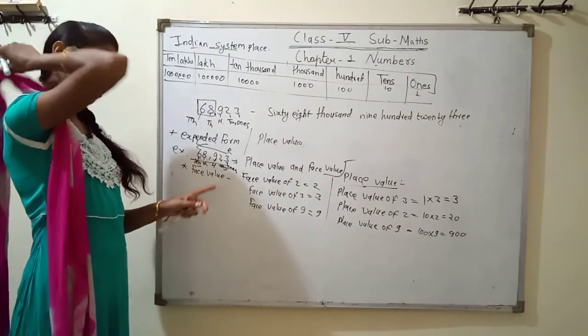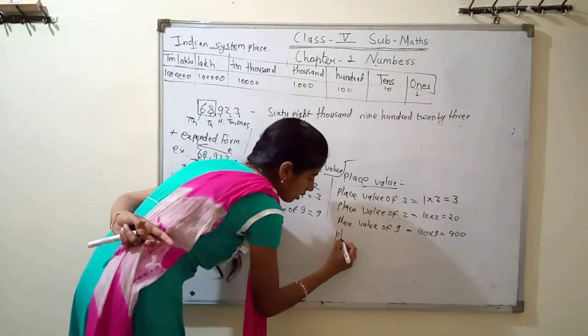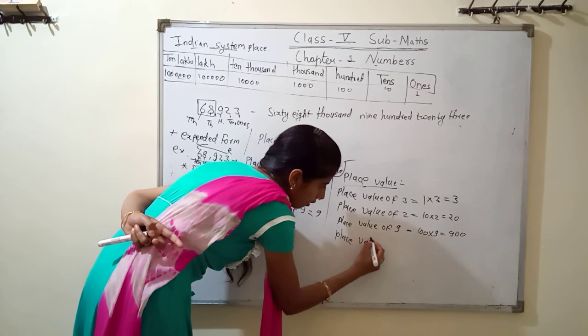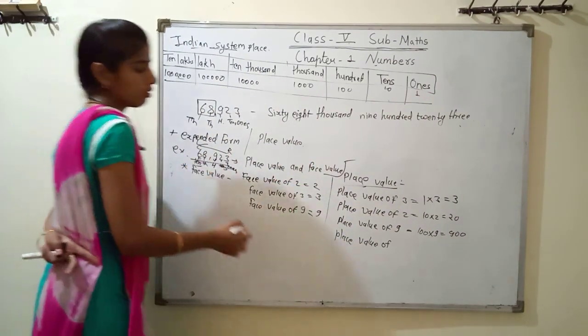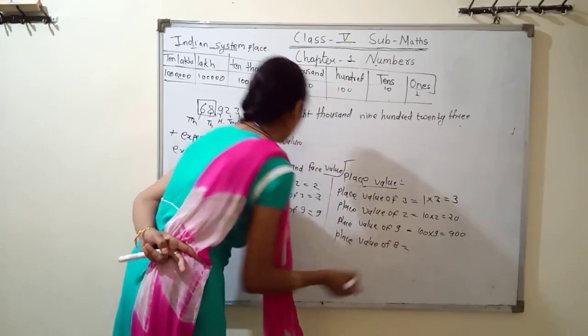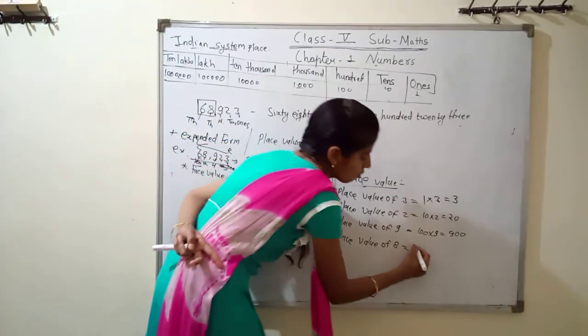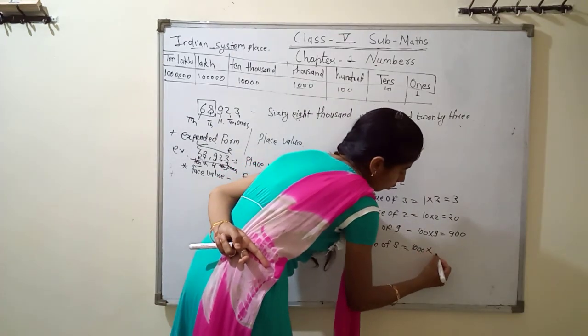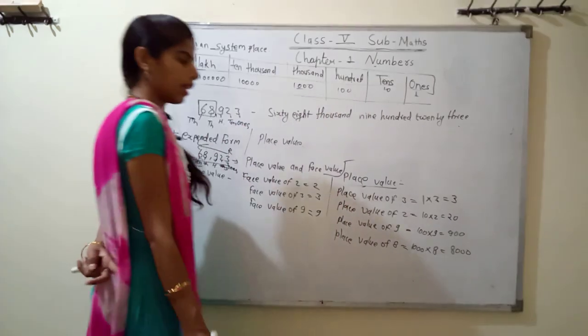Chapter number one is only your class 4 revision. Next is place value of 8. Look here. What is the place of 8? 1000. 1000 means multiply with 1000. 1000 into 8 then converts into 8,000.